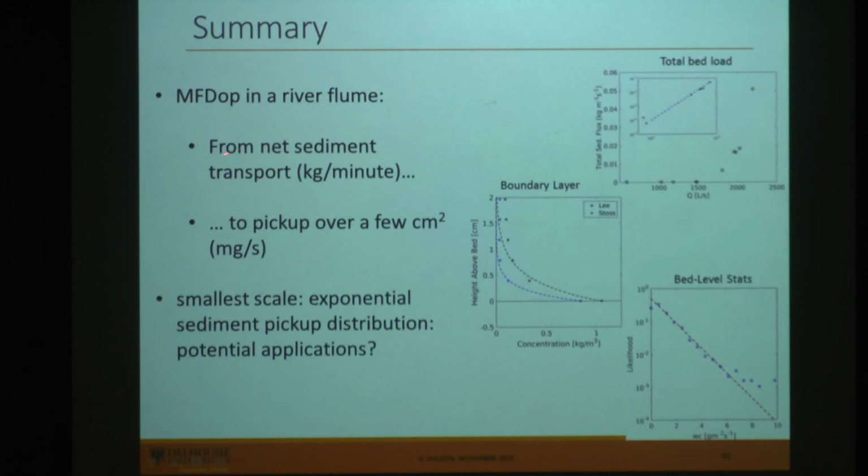So we saw everything from net sediment transport on the scales of kilograms per minute in the total bed load observations, going into the boundary layer and looking at the thickness of the suspended sediment over just a few centimeters, and then all the way down to the scale of the bed interface, which is really just a few centimeters squared measurement, and looking at milligrams per second type fluxes.